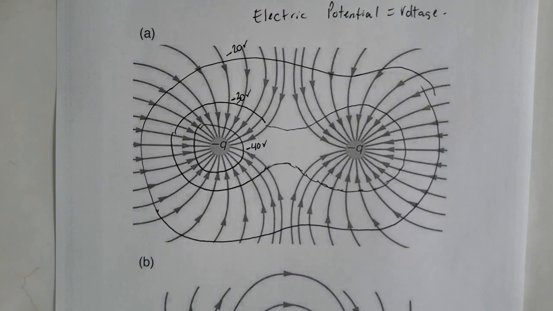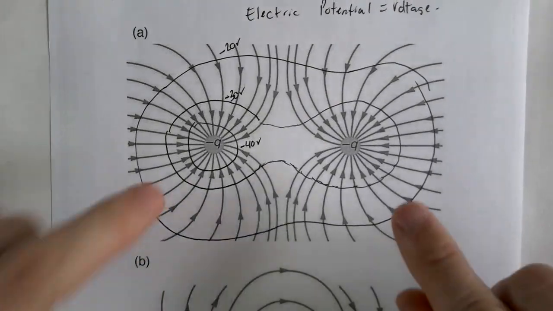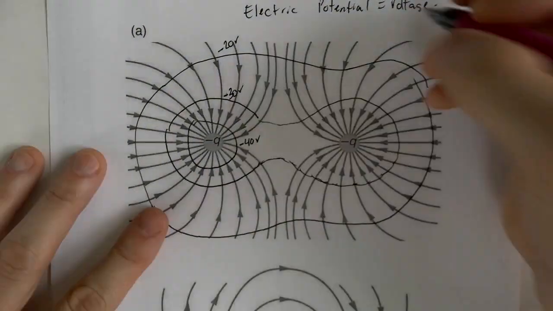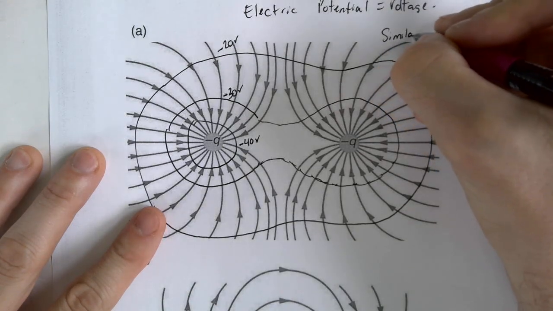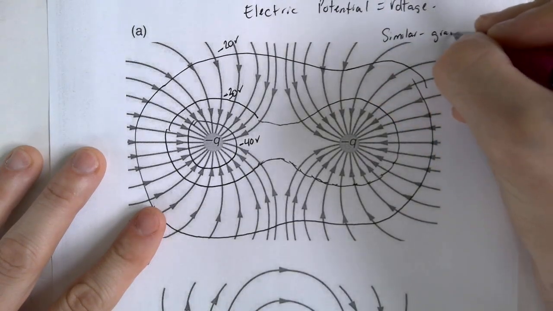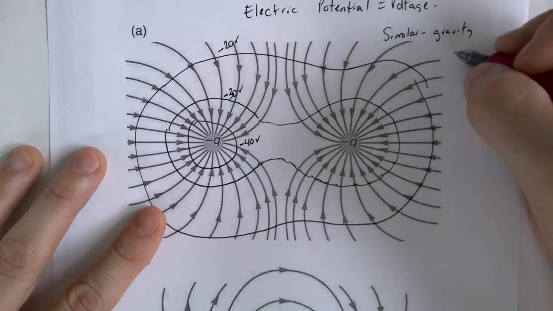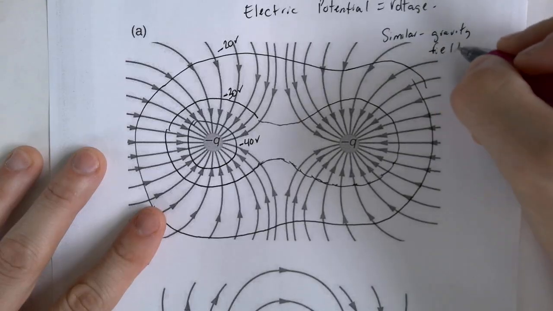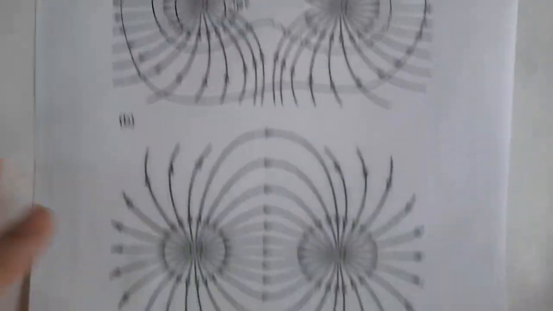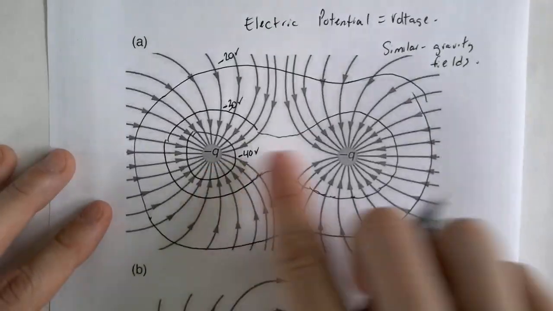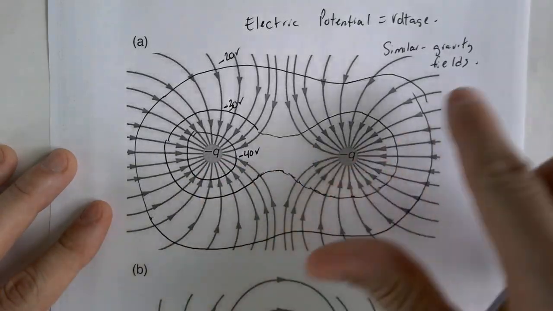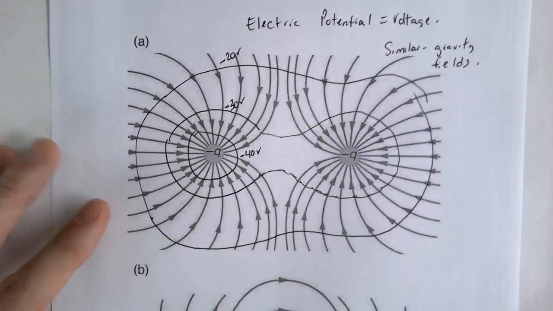Okay? Now, these with opposite charges are similar to gravitational fields. Whereas, I think I said this, I don't know if I said opposite, same charge will be similar to gravitational fields.